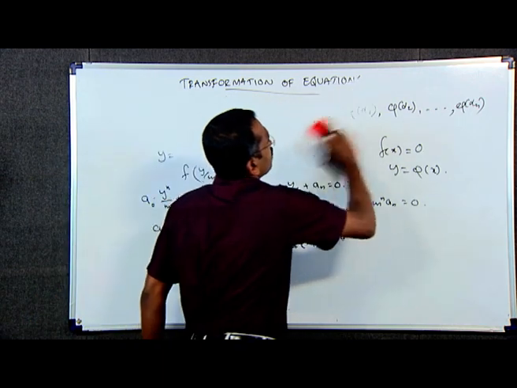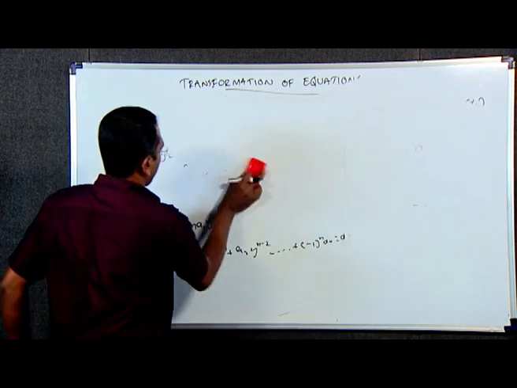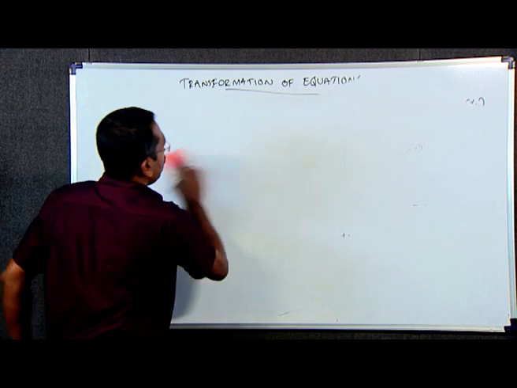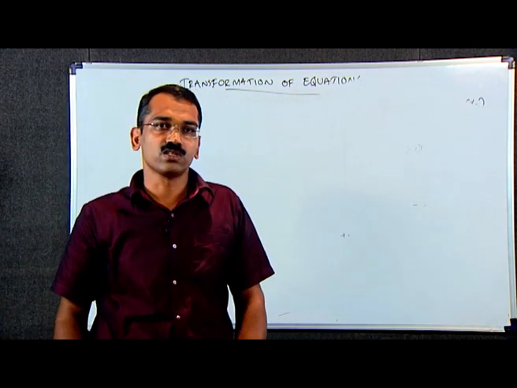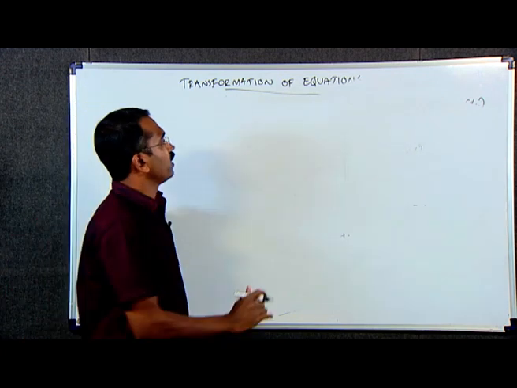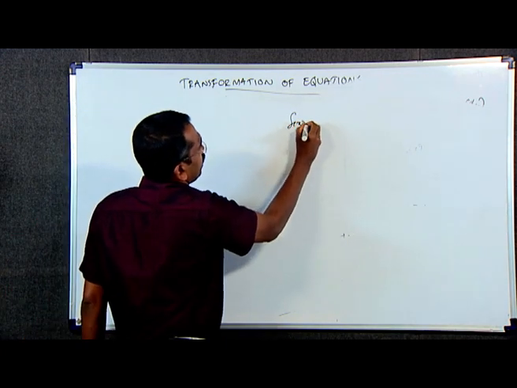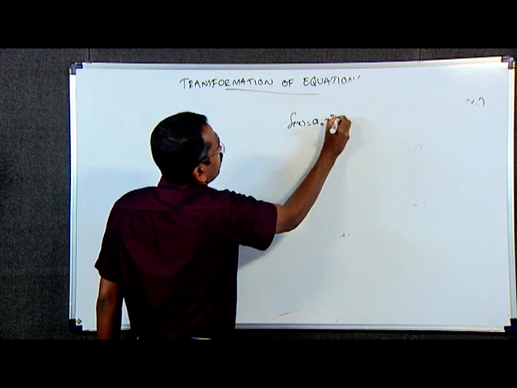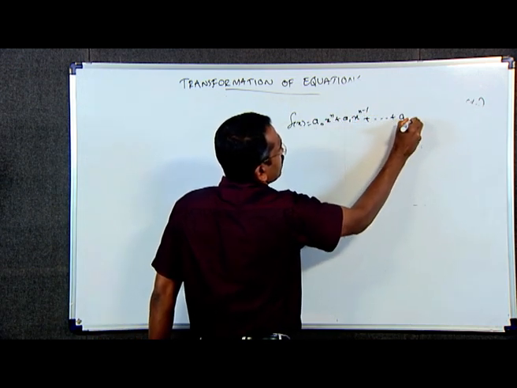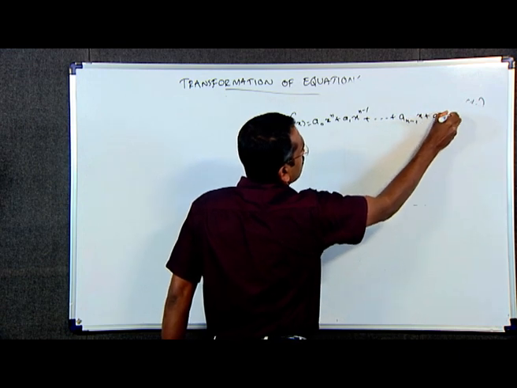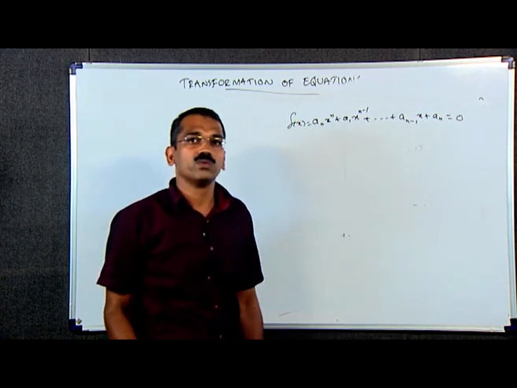The second one is, if alpha 1, alpha 2, etc., alpha n are the roots of the equation f of x is equal to a naught x raised to n plus a 1 x raised to n minus 1 plus etc. plus a n minus 1 x plus a n is equal to 0.